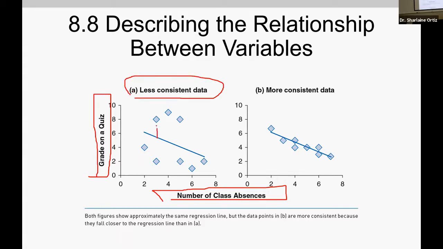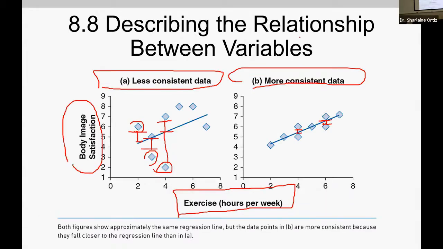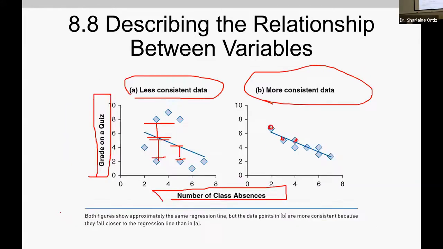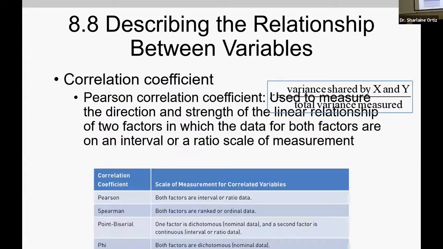Because the distance between my data points, they're falling pretty far away from my regression line. Whereas to the right of your screen, you'll see how these data points are pretty much on top of that regression line. So it applies for both cases, whether it's a positive relationship or a negative relationship. Any questions so far?